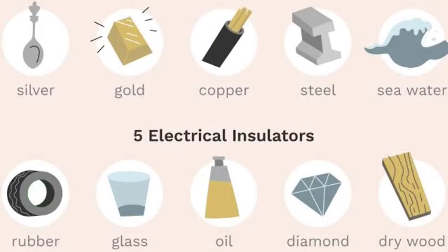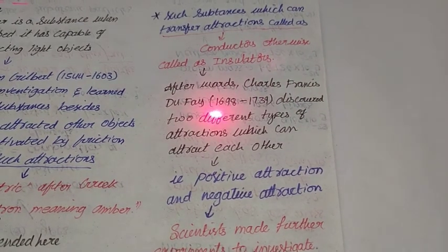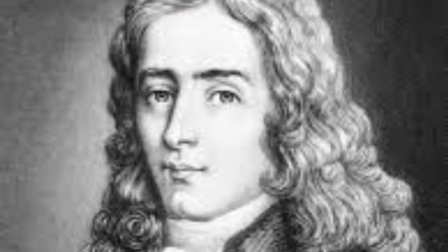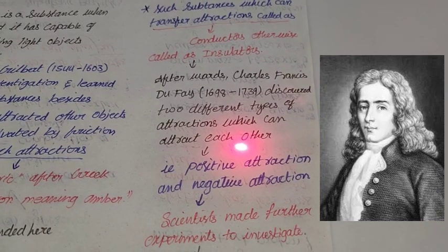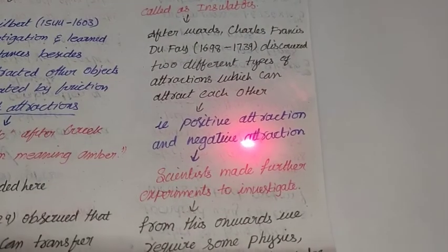Otherwise, substances which do not transfer such attractions are called insulators. Afterwards, Charles Francois du Fay, 1698 to 1739, discovered two different types of attractions, which he named positive and negative.